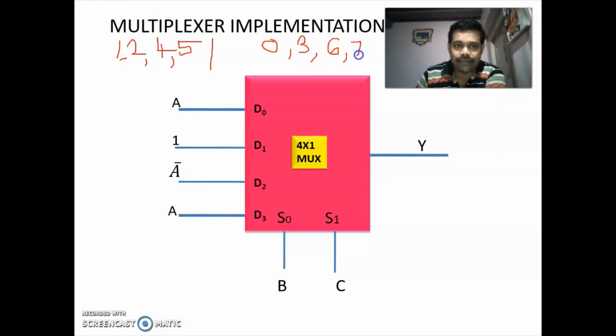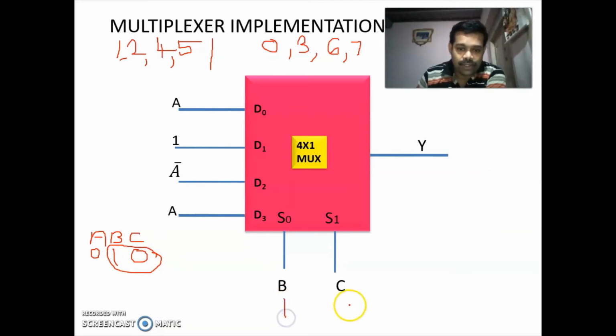So first we will check for 2. 2 means 0, 1, 0, where this is A, this is B, and this is C. So for B and C the value we are giving is 1, 0. If you give 1, 0 on the select lines, then D2 will be enabled. In D2 we are giving A bar. What is the value of A? 0. So A bar means 1.